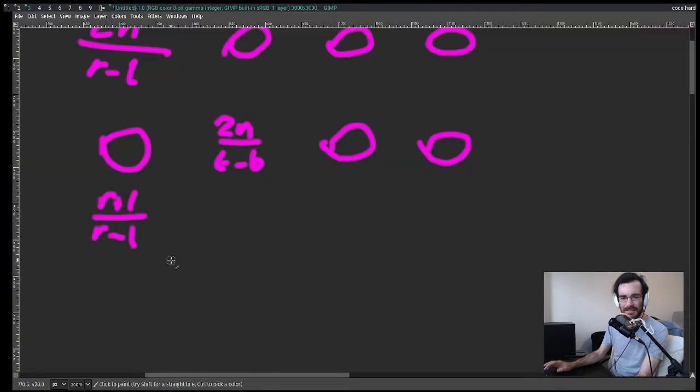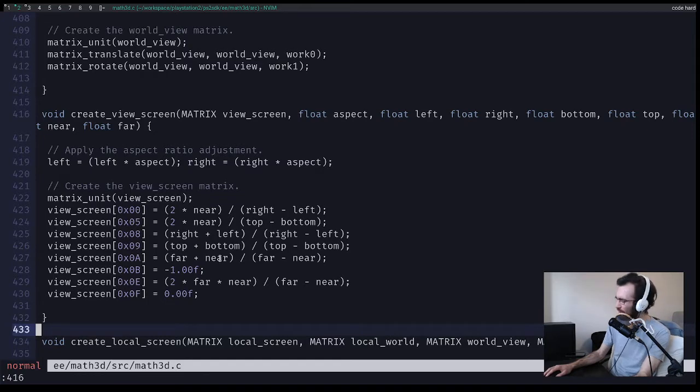What are these for? It's not rotation, is it? I can never remember what these do.